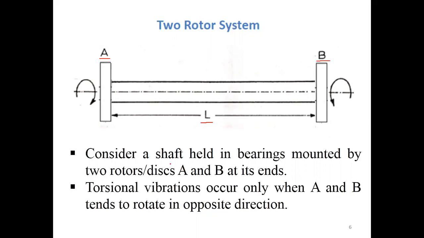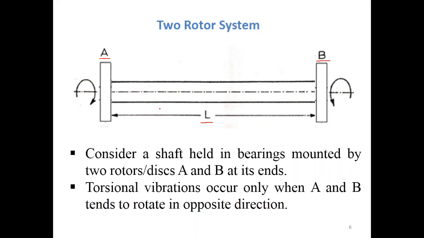And the shaft is held in bearings between the two rotors A and B. The bearing supports are not shown in this figure. So here we will discuss how torsional vibration will occur in such a two-rotor system.